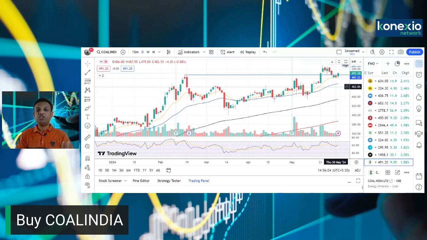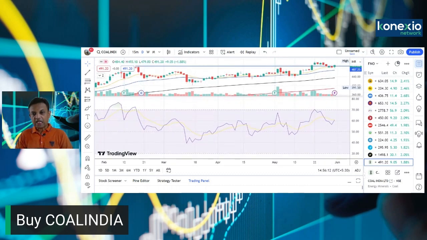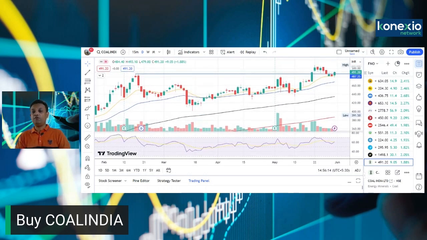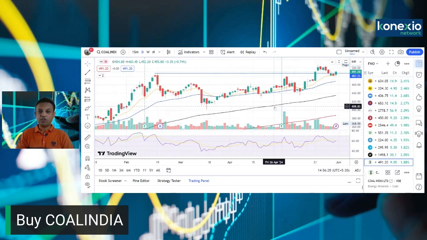So definitely the charts seem to be very positive. You can see the short-term moving average is also positive. RSI has given a slightly positive crossover from the comfort zone at the 60 mark, which is a very strong sign at this juncture. Currently, the stock is quoting around 491.